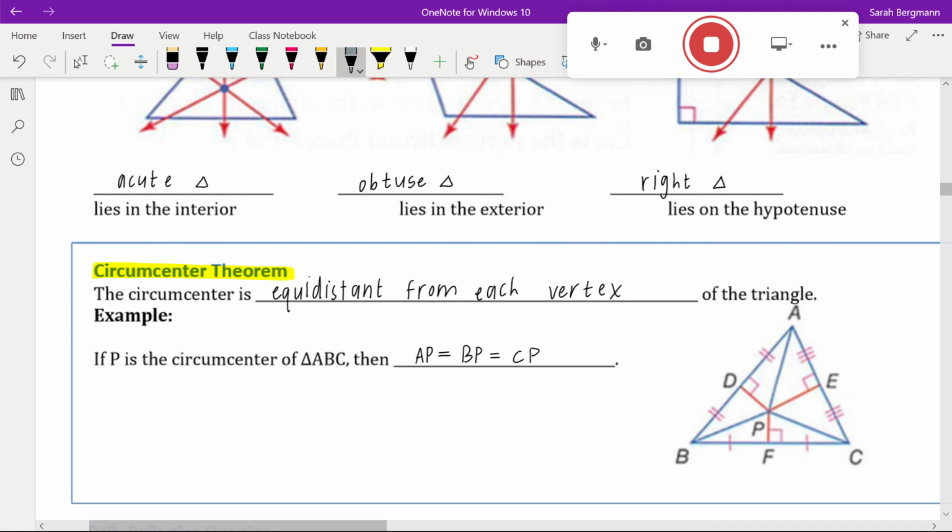The vertices of the triangle are the points where the angles are, A, B, and C. They're the vertices of the angles that make up the triangle. So AP has to be equal to BP, which has to be equal to CP. Imagine if P is the center of the circle that goes around this triangle, wouldn't each of these radii have to be equal?